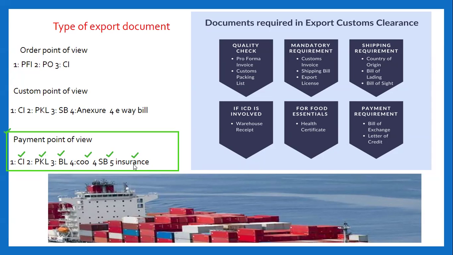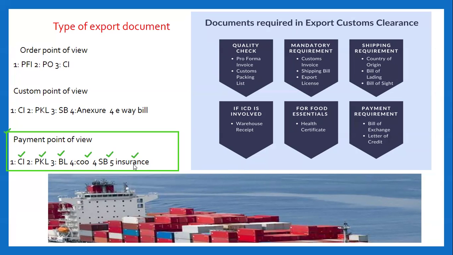Before submitting these documents to the bank, you need to prepare the application, or we can say the payment collection document request, to the bank. In that you have to mention all the terms and conditions of the bank.